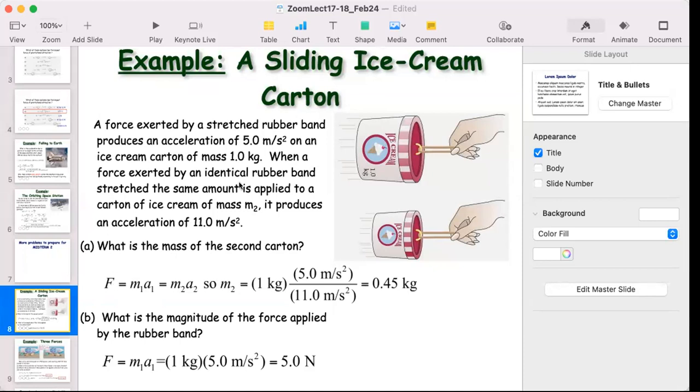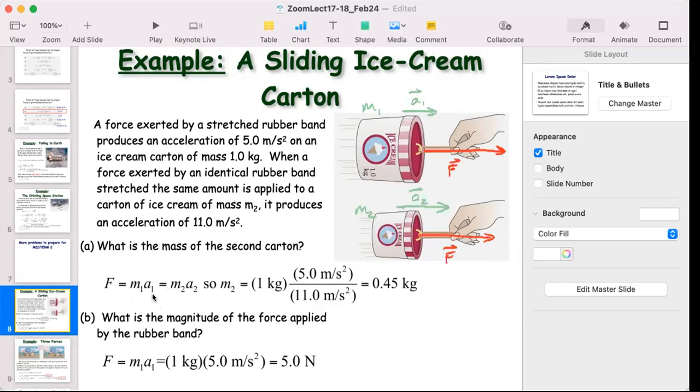And then you know that you have a second force, which is exactly the same, because a force exerted by an identical rubber band stretched the same amount is applied to the carton of ice cream of mass m2, and it produces an acceleration of 11 meters per second squared.